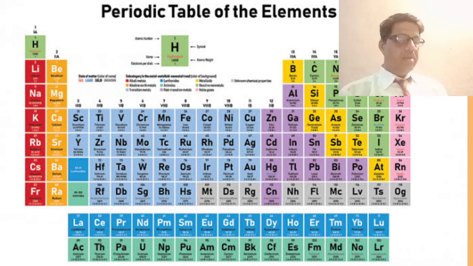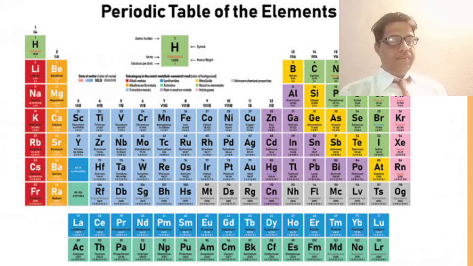As we see, these transition elements in the given periodic table appear from group number 3 to group number 12. As for the general electronic configuration, the (n minus 1) d orbitals are successively filled in each element, where n is the valence shell number.